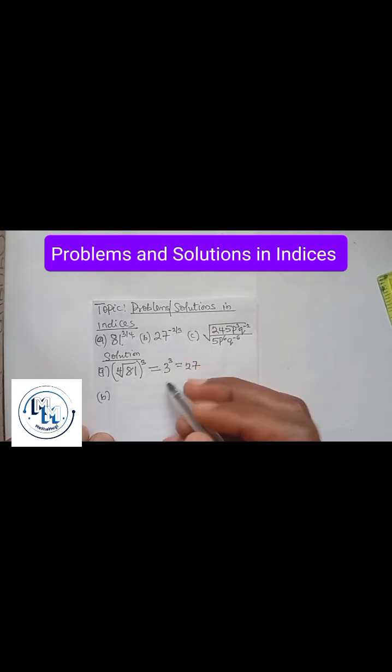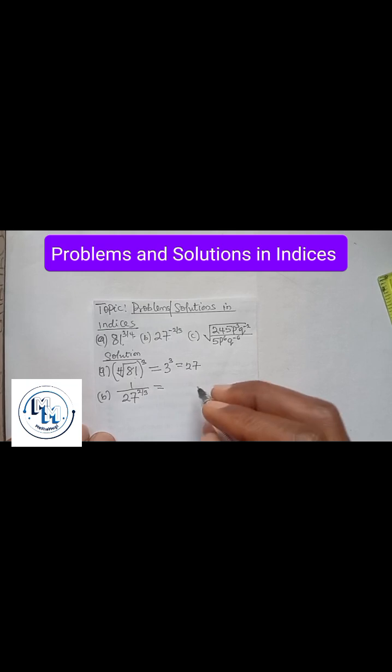Is that okay? So first of all, negative index law says when things like this come your way, simply do 1 over 27 power 2 over 3. Is that okay? Then let's continue. Then this means 1 over, put 27 inside the root.